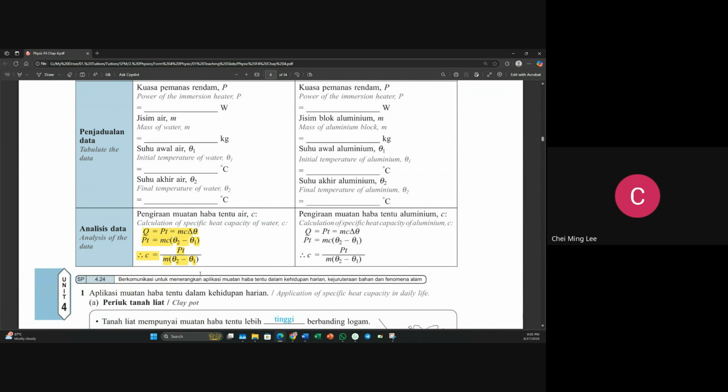Jot down this one first before we move to application. The next one is why.